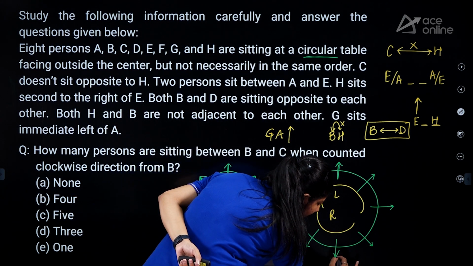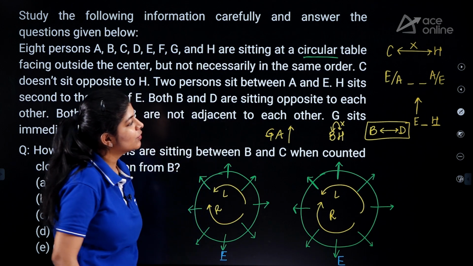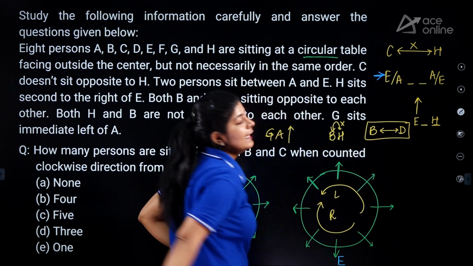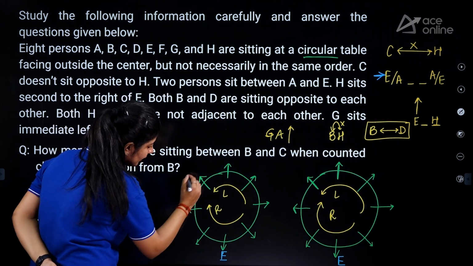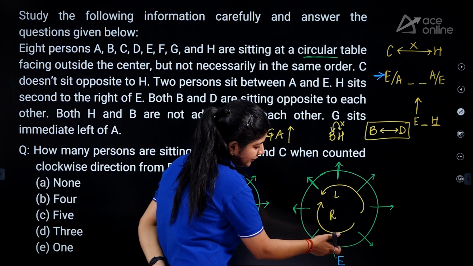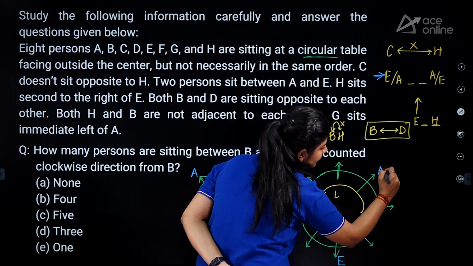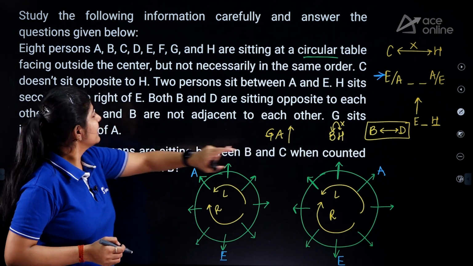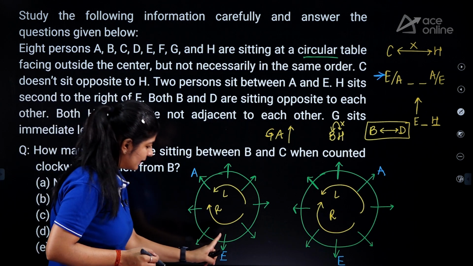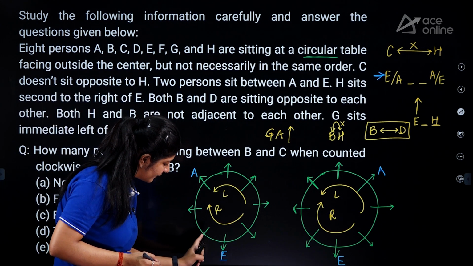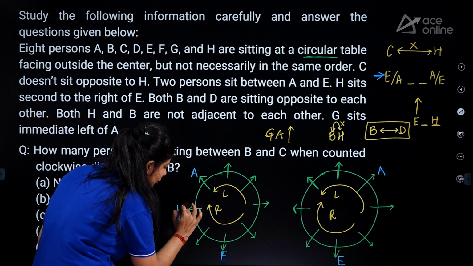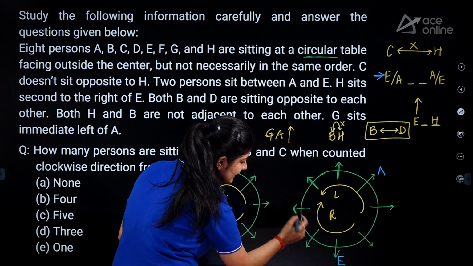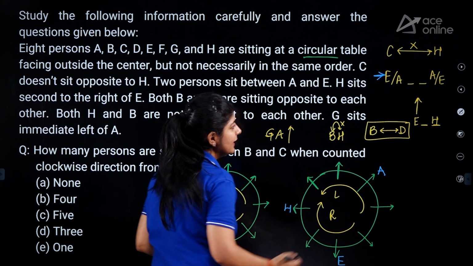The first clue says that there are two persons sitting in between E and A. So 1, 2, here we have A. It is also given that H sits second to the right. If E is present over here, then first right, second right, so H should be at this place. According to the other case also, first right, second right, H should be at this place, right? Okay.